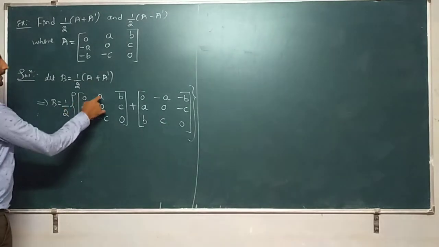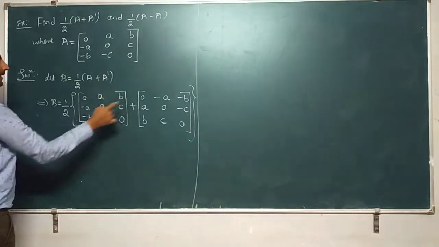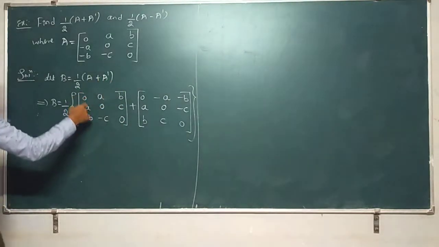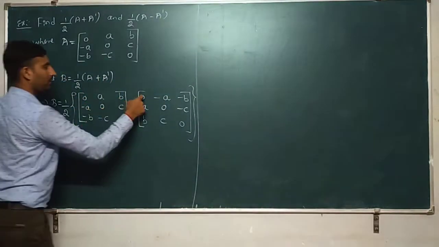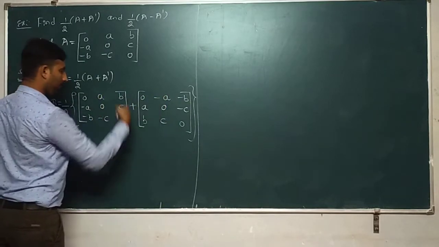0 minus a minus b, a 0 minus c, b c 0, the given matrix. After that, column becomes row: 0 a b, minus a 0 c, minus b minus c 0.